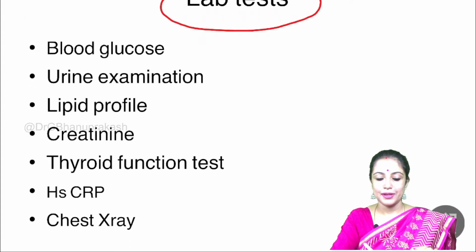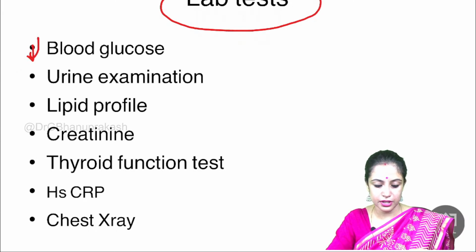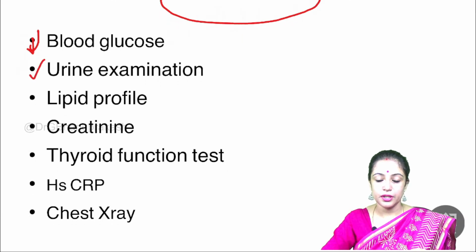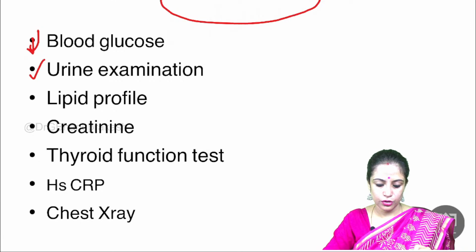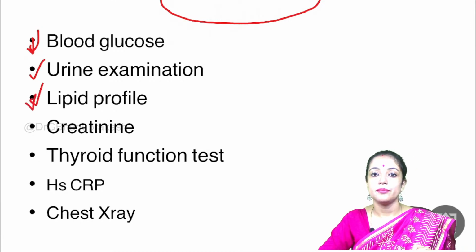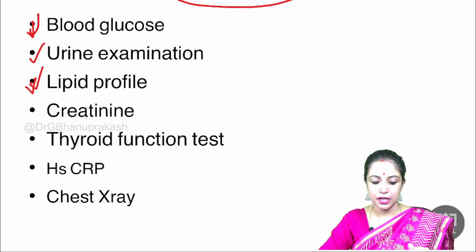We will do blood glucose estimation to find out if the patient has diabetes. Diabetes accelerates the atherosclerotic process. Urine examination we will do. We will see the presence of sugar in the urine or not, or if there is albuminuria or not. We will do a serum lipid profile to see if there is any dyslipidemia or not.